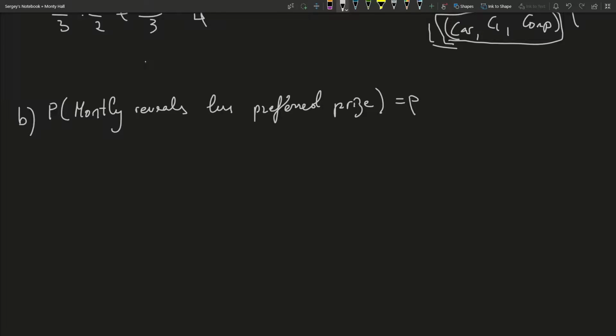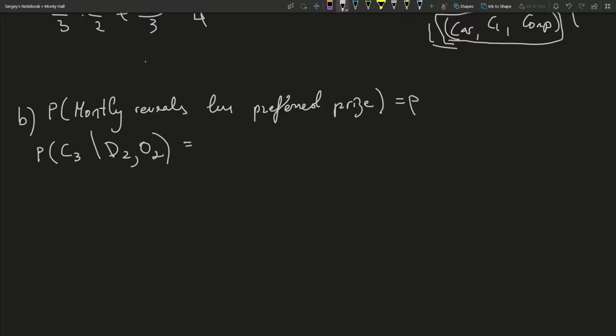And in this part, we're told that Monty opens the door, revealing a computer. So this time, let's suppose Monty opened door 2, and reveals that there's a computer behind it. So again, should the contestant switch? How likely is it that the car is behind door 3? So what is the probability that door 3 contains a car, given that Monty has opened door 2, revealing a computer behind it?